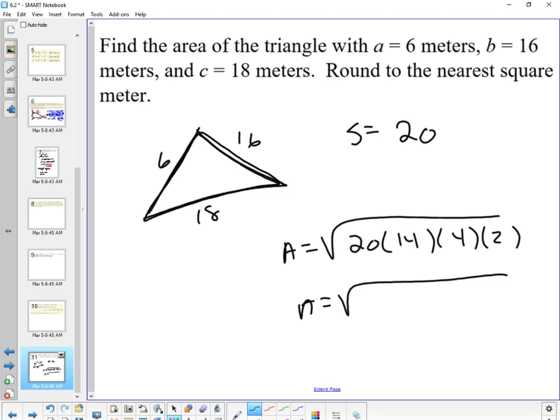After the square root, it's 47. I was like, that can't be 47. I mean, 20 times 14 alone is like 280. Forget the square root, what's the inside? It's 2240.